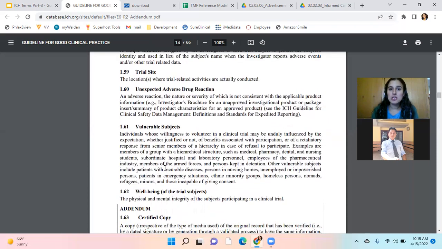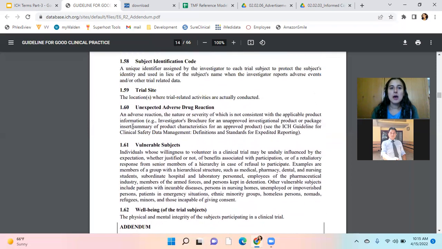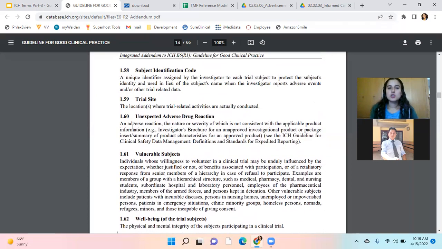I'm going to jump around. I think we're almost done. The trial site we've talked about; an institution is the same thing as a site. That's where the PI and the sub-I are, whereas the sponsor is typically the company with the medication.